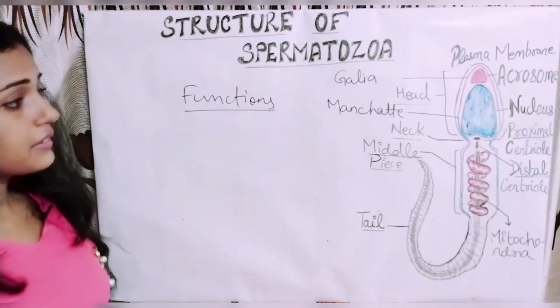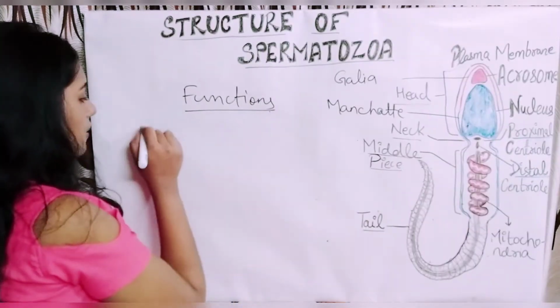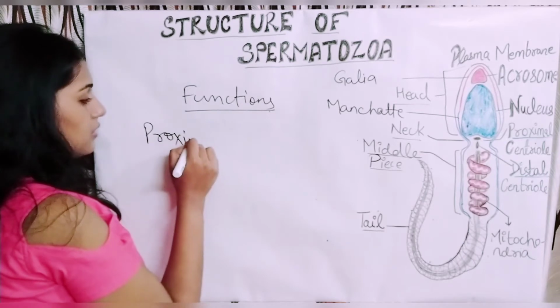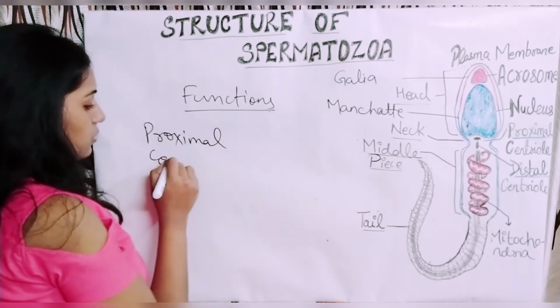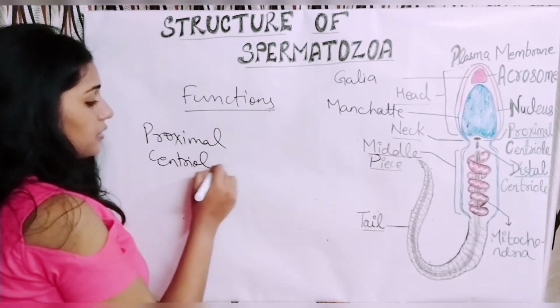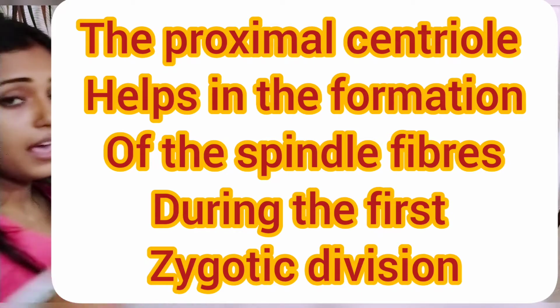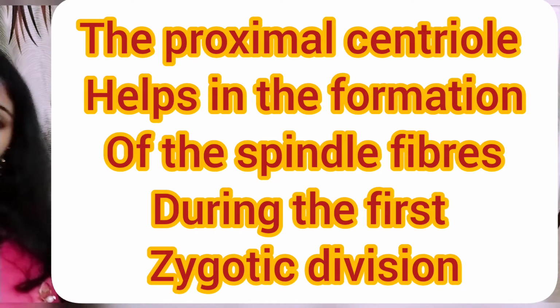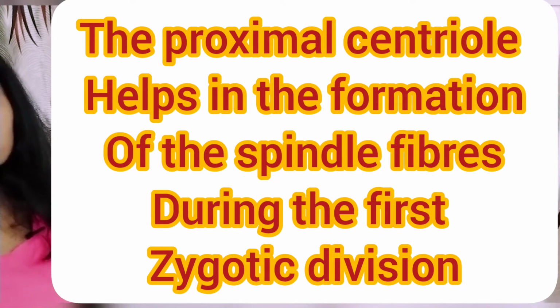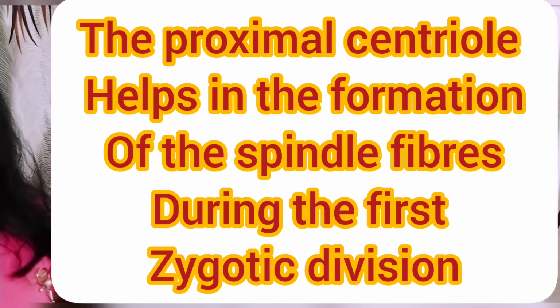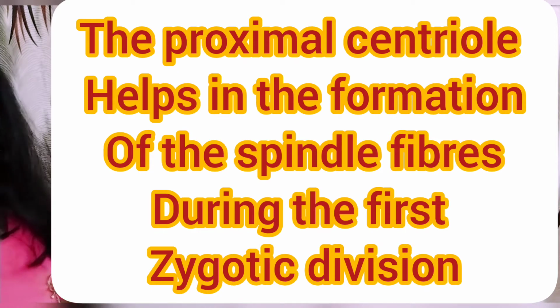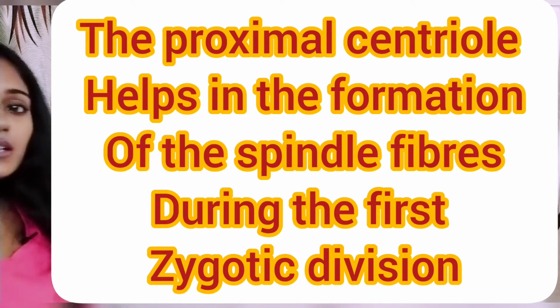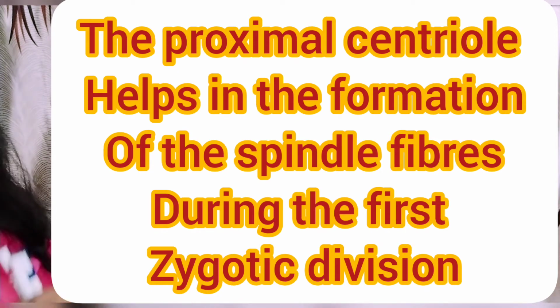Now in the neck region we have the proximal centriole. The proximal centriole helps in the spindle formation during the first zygotic division. Okay, after fertilization, when the zygote starts dividing, during the first division it helps in the formation of the spindles.